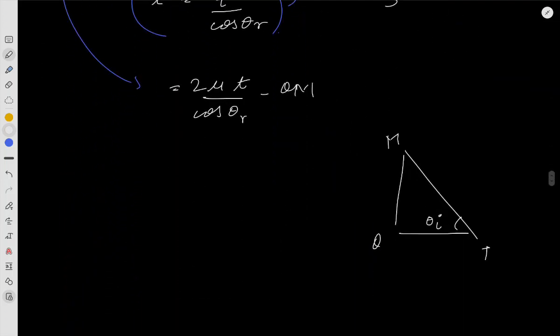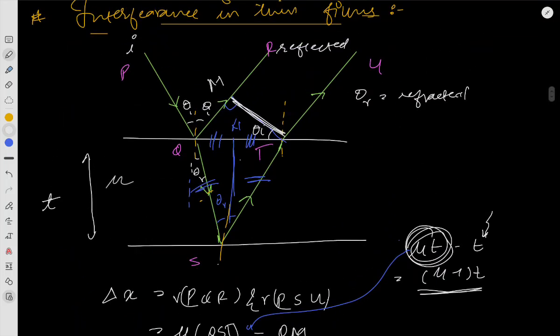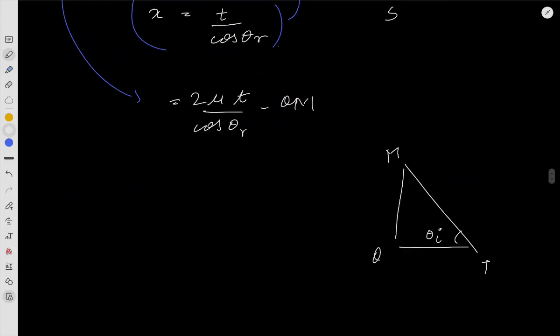Let us first get QM in terms. So for QM, this is a 90 degree over there. Actually the diagram is not up to scale. Let me resketch the diagram.